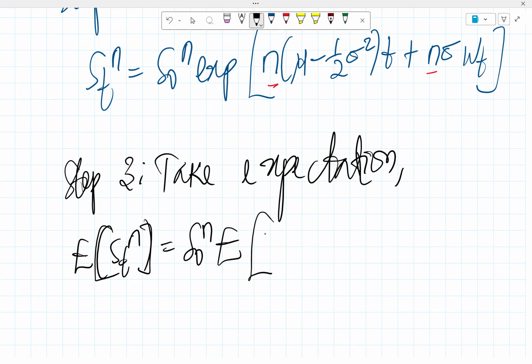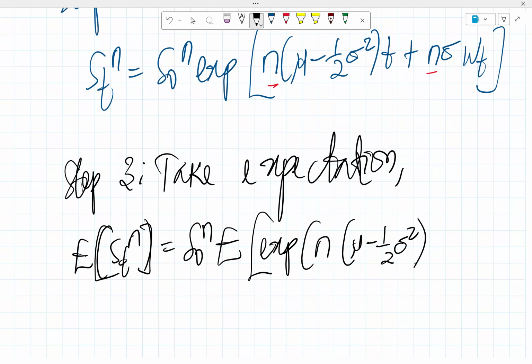Then we have the expectation of the exponent of n times (mu minus 1 over 2 sigma squared) multiplied by t plus n sigma W_t, like this.